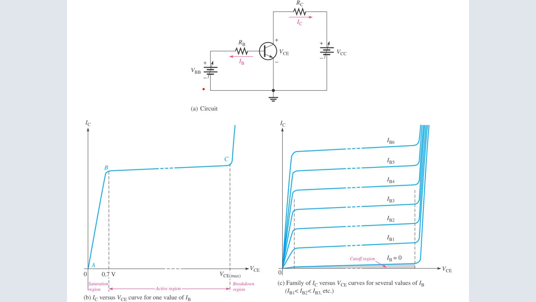So that is just a graph similar to what we looked at in diodes. You remember the diode graph, when we were looking at the current and the voltage. It's almost the same structure as that.